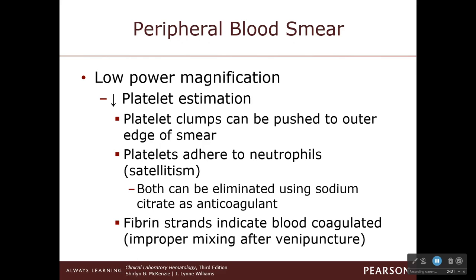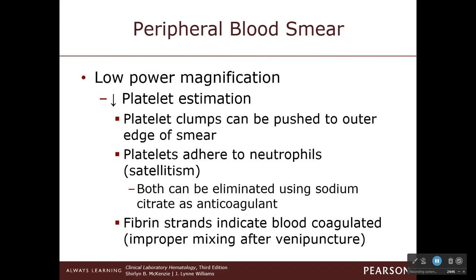Essentially, the EDTA makes the platelets sticky, and they're attracted to the neutrophils. And so you'll see platelets surrounding neutrophils. So they're satelliting around the neutrophils. They get attached to those neutrophils. Then when you run it through the machine, that's happening. So what's going to happen to your platelet count?